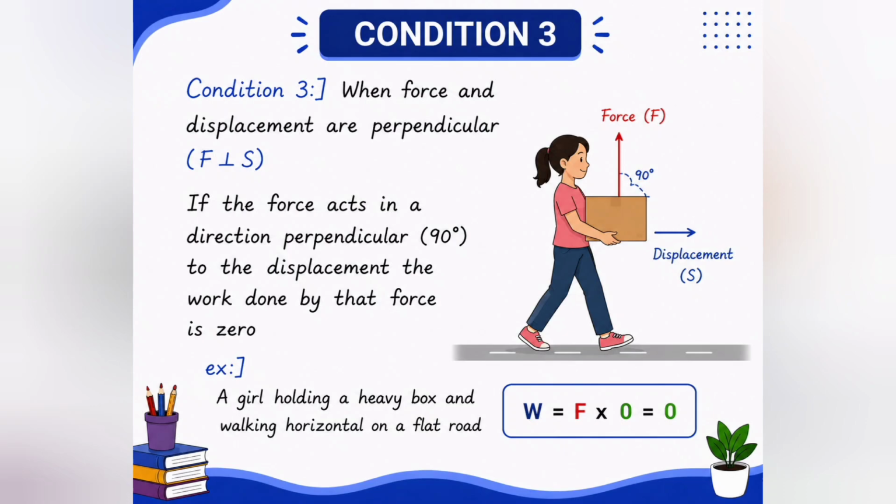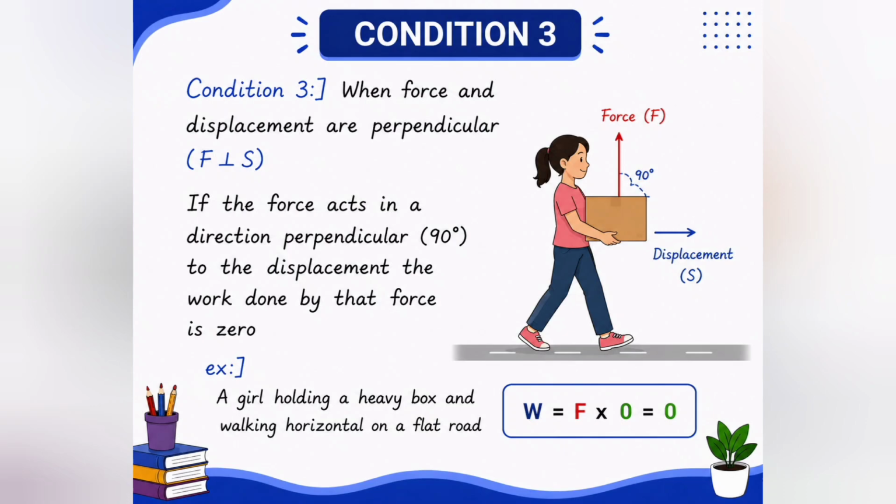For example, a girl is carrying a heavy box while walking on a flat road. The force is acting upward because she is holding the box, but the displacement is forward. So, force and displacement are at 90 degrees. Therefore, the work done by the force is 0. Remember, force perpendicular to the displacement means 0 work done.